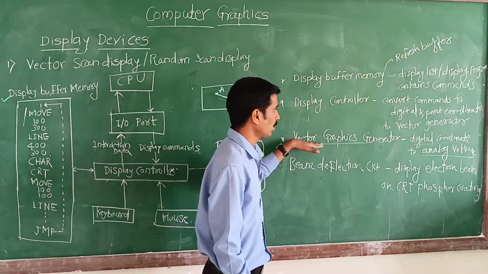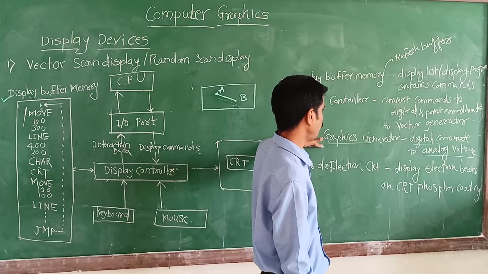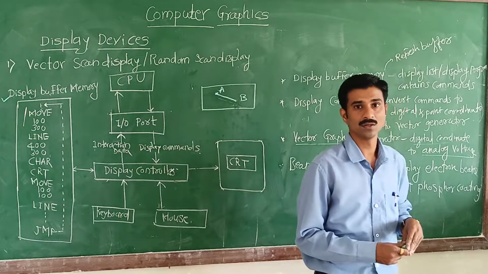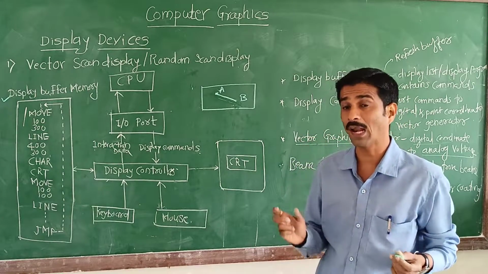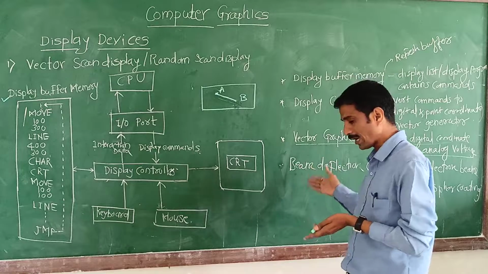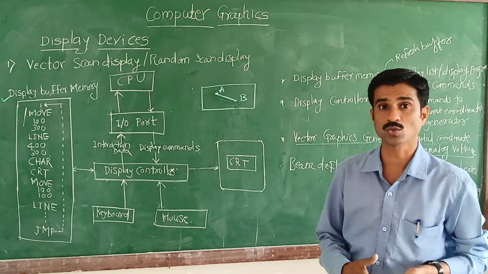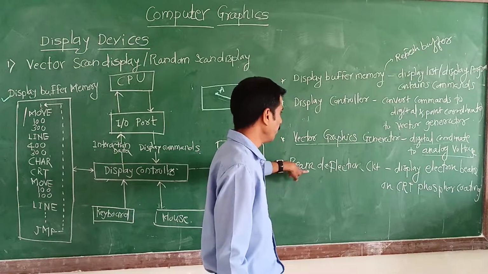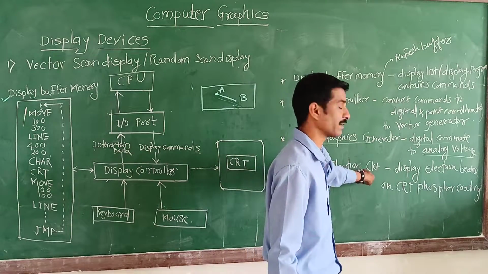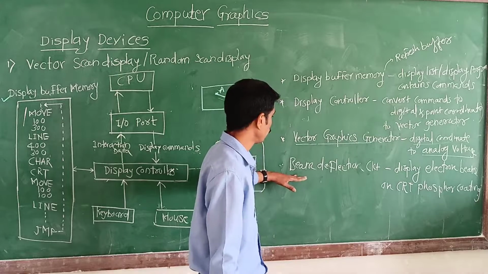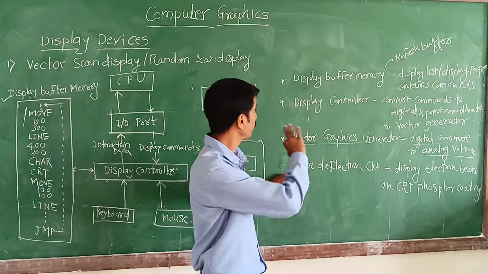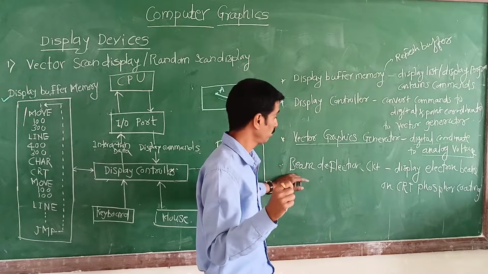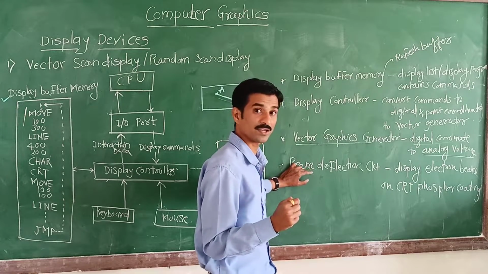Then this analog voltage is passed to the next part, that is the beam deflection circuit. At the start of this vector scan display, we mentioned the beam deflection circuit.